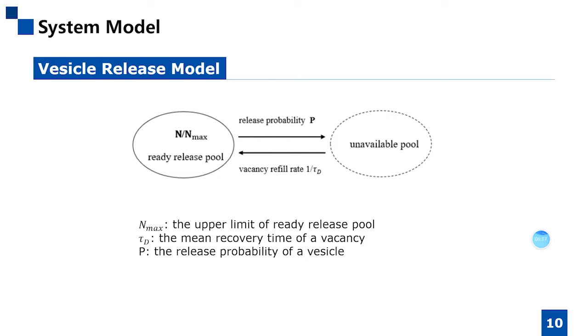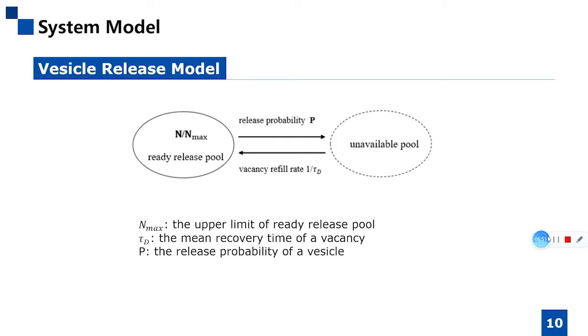Like this figure, a pore-based vesicle release model is utilized. Readily releasable vesicles are stored in a pool with an upper limit of Nm, which is called the reservoir, or RP, while the others are contained in a larger, available pool away from the presynaptic.